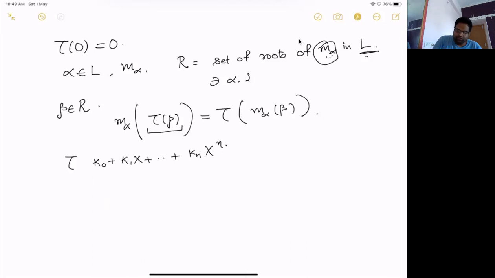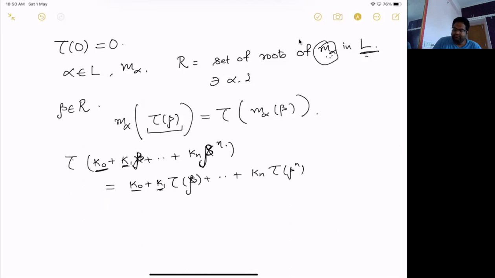Now, if you apply tau to this, you get k0 plus k1 tau of beta plus ... plus kn tau of beta to the power of n. Why? Because tau fixes K, and therefore each of these elements is sent to itself.